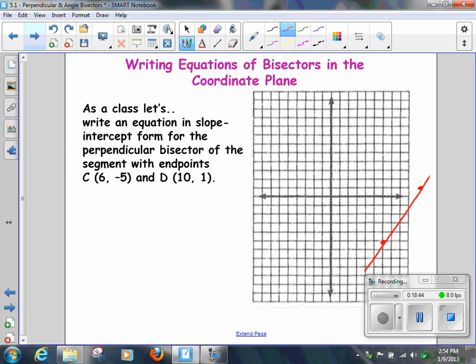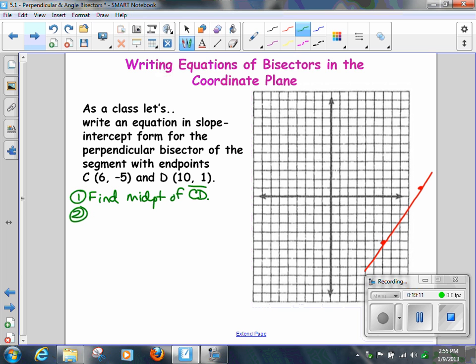All right, there it is. That's the line for which we have to create the perpendicular bisector. So we need to do two things, and we've done this before. I need to find the midpoint of CD.